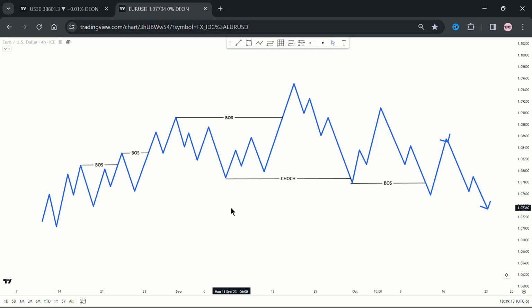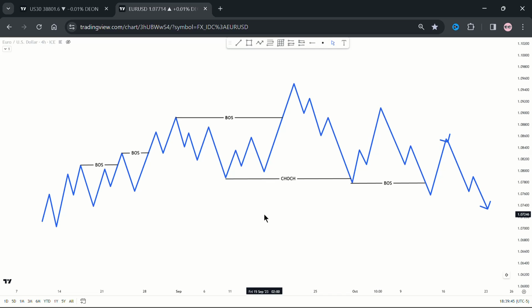I already showed you some of the ways you can enter the market. You analyze your chart on your main time frame. If your 4-hour chart is your main time frame, then you can enter under the 15-minute or 5-minute time frame. If 15-minute is your analysis time frame, then you can enter under the 1-minute time frame. That's how you're supposed to do it.